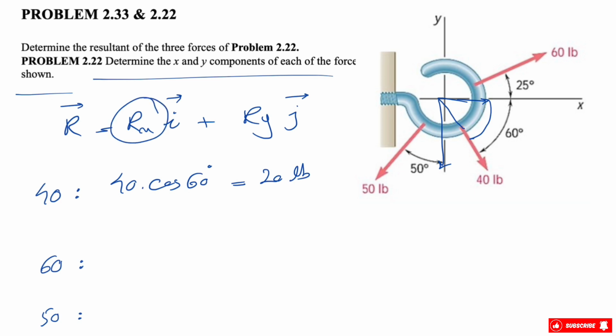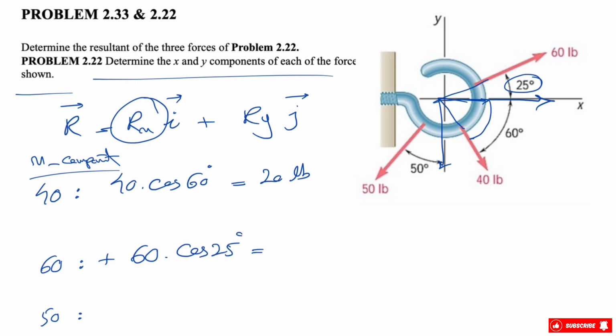So we are trying to find the Rx first, so we are going with the x component of each of them. Let's move on to the 60 pound force. Again, we have the angle with the x-axis 25 degrees, and we see that the x component is to the right. So again, we have a positive force, 60 times this time cosine of 25 degrees, and this would give us 54.38 pounds.